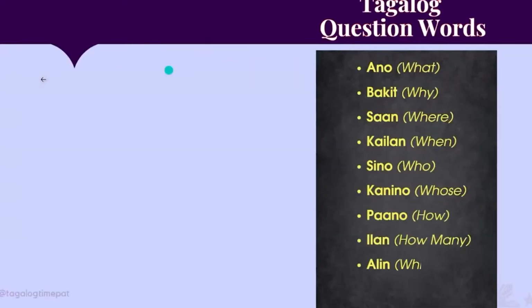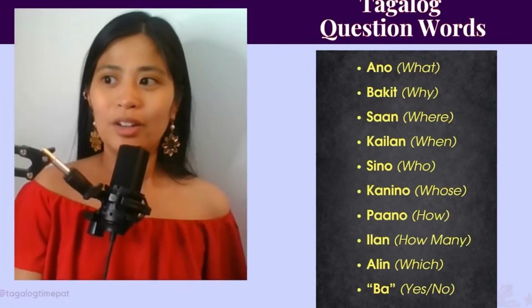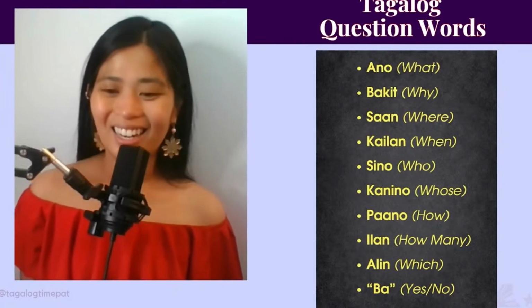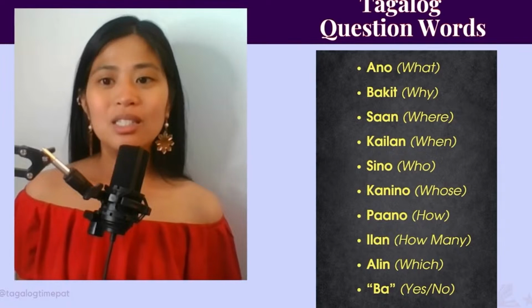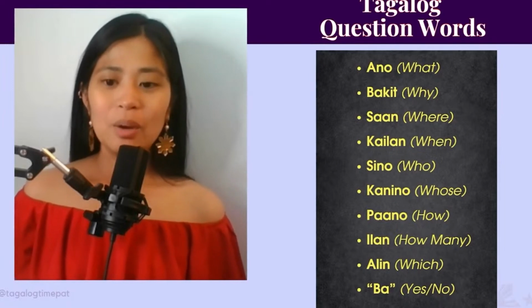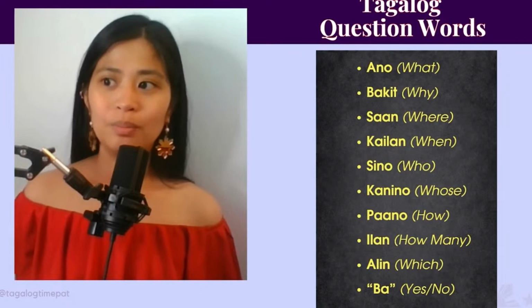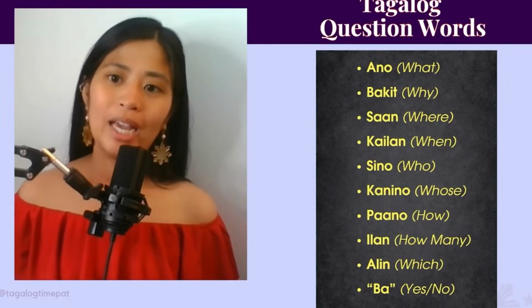Okay. We did it. We learned all of the different Tagalog question words. There's a lot, isn't there? And there are lots of different ways to use them. But let's go ahead and review them. So, ano means what? Bakit? Why? Saan?